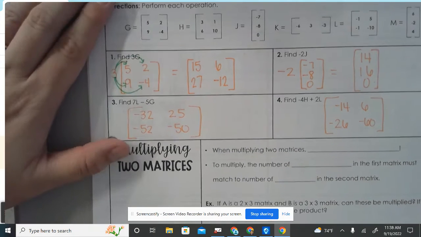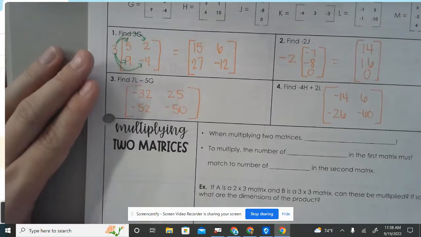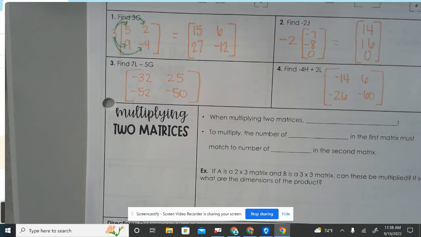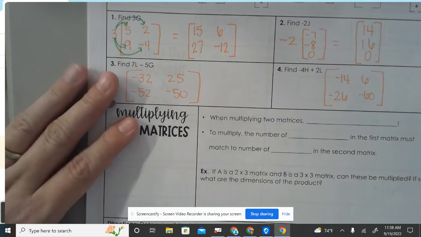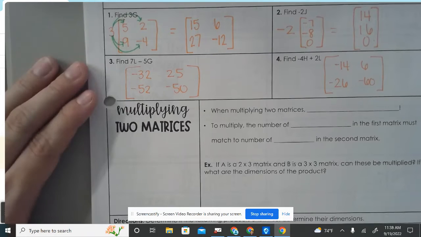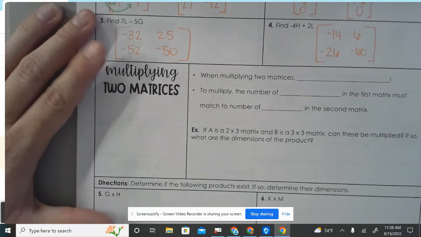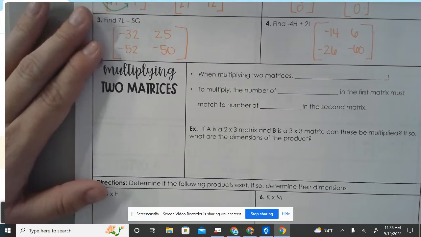So multiplying by a scalar, nothing calculation-wise that's hard. So when we get to multiplying a matrix by a matrix, it gets tricky. And there's a lot of things to remember. It's a long process. So this is something you have to be paying attention or you'll get lost really fast.